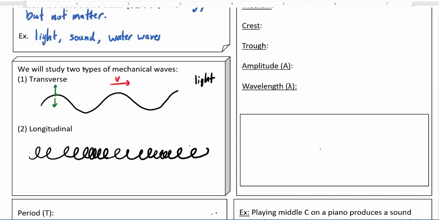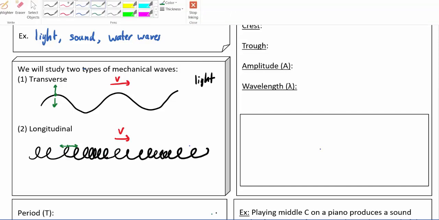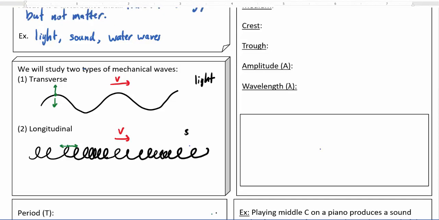And these waves, again, are propagating, let's say, to the right. But the individual particles inside this slinky will be just shifting back and forth. And so in this case, the particles that make up the wave medium are traveling parallel to the actual wave propagation. And a good example of longitudinal waves would be sound.